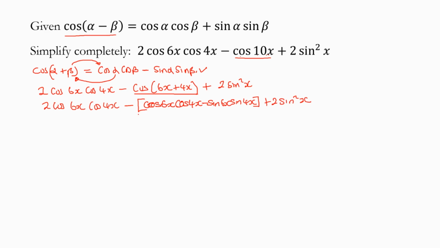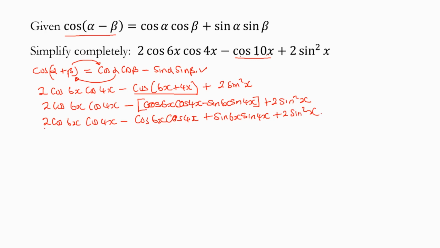Let's remove the square brackets. It becomes 2 cos 6x cos 4x minus cos 6x cos 4x plus sine 6x sine 4x, then plus 2 sine squared x.